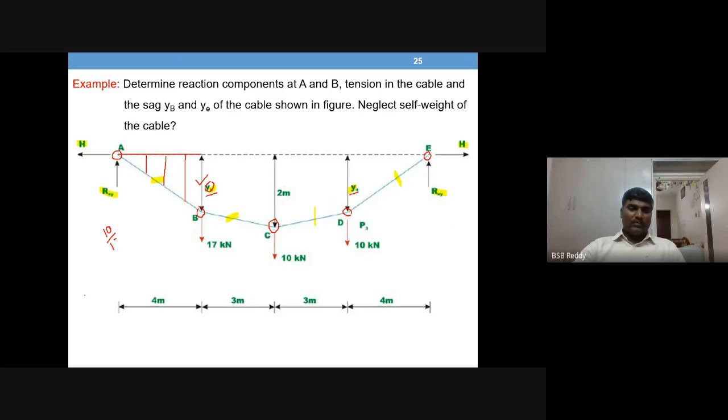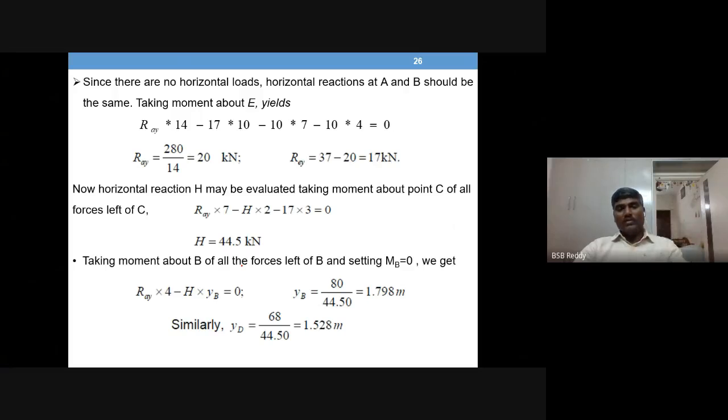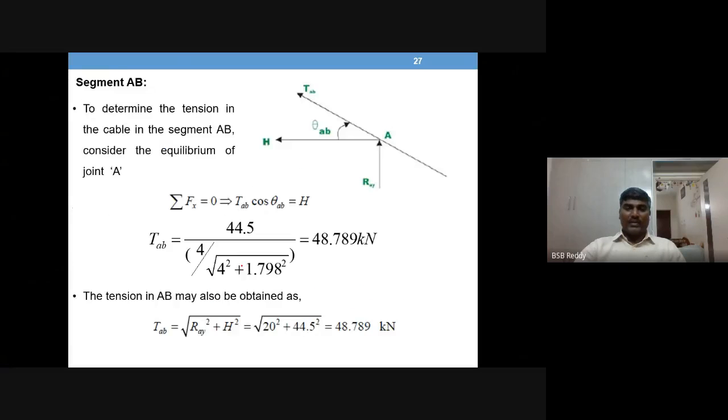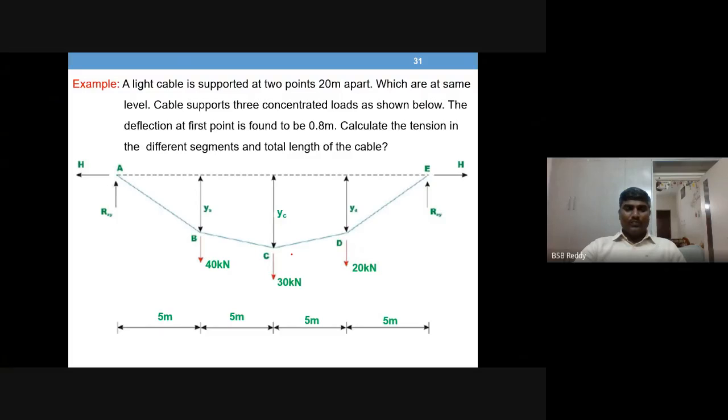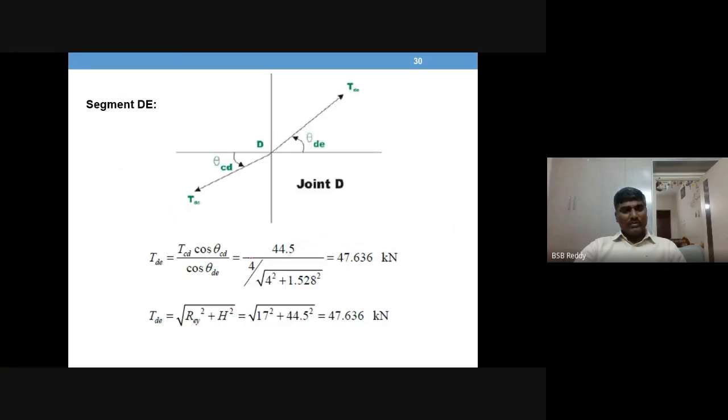So we will have 5 into 2, 10 equations and 10 unknowns. So this problem is a determinate problem. I have explained in detail how you solve this problem in the last session.